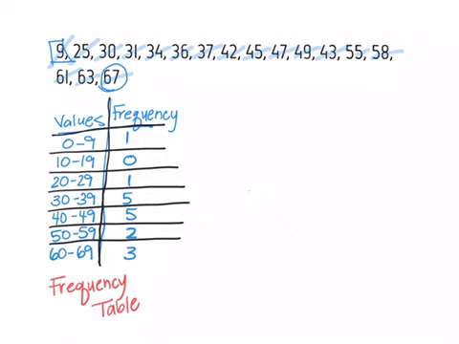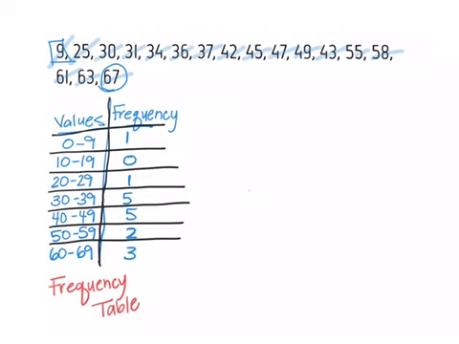A histogram is essentially a bar chart, but some things have to be true for it to be a histogram. A histogram can only be used for numerical values. You're going to label the bars the same as you labeled your bins in your frequency table, and your bars need to touch in a histogram.